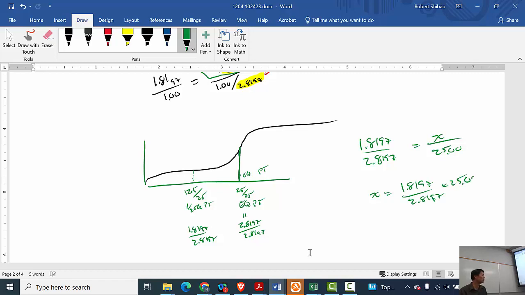What fraction of the 25.00 milliliters, which would be the equivalence point, are we at? So take this divided by 2.8197 times 25. And that would be 16.133 milliliters.